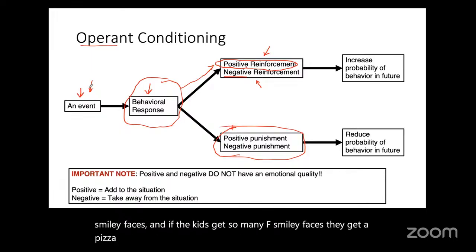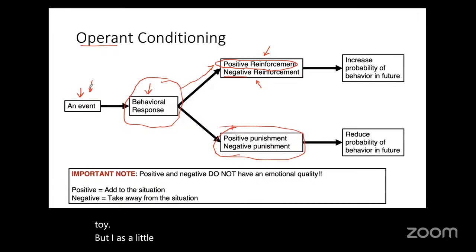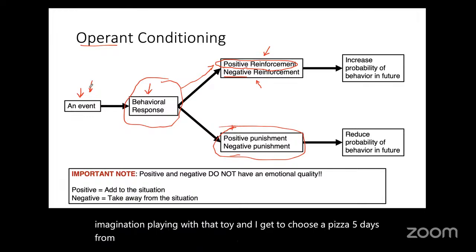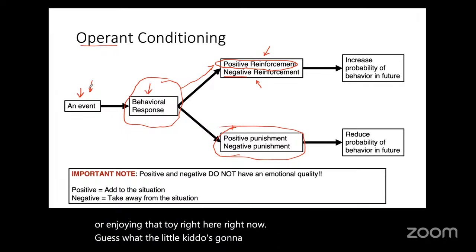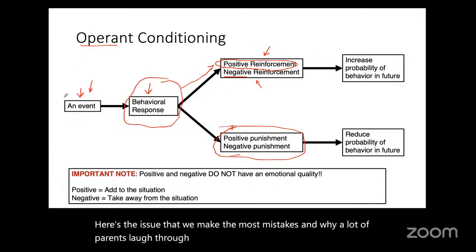Well, if the smiley faces are based on cleaning up a toy, but I, as a little boy or girl, am really having fun in my imagination playing with that toy, and I get to choose a pizza 5 days from now, or enjoying that toy right here, right now, guess what the little kiddo's going to choose? Okay. So here's the issue that we make the most mistakes, and why a lot of parents laugh through these presentations until we get to the end.